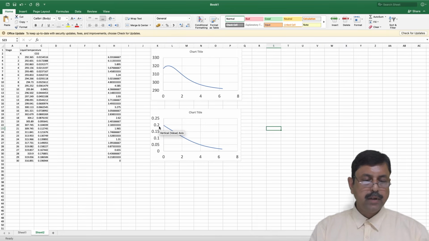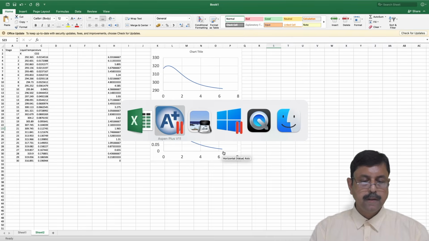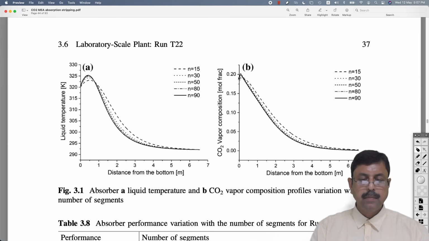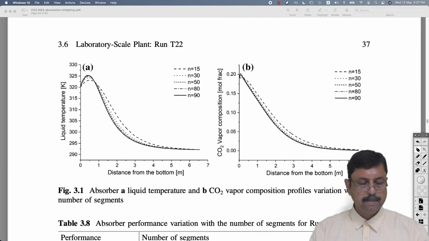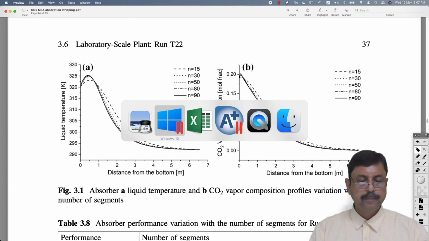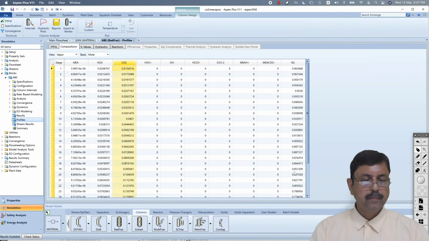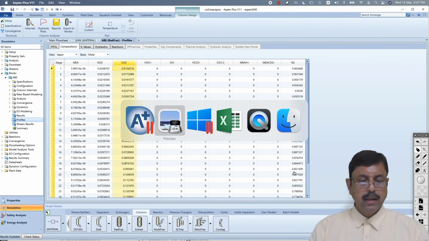So it begins somewhere at 0.2 and ends very near to 0.01 or something. So begins somewhere at 0.2 and ends somewhere at 0.1, 0.01 rather. Okay.